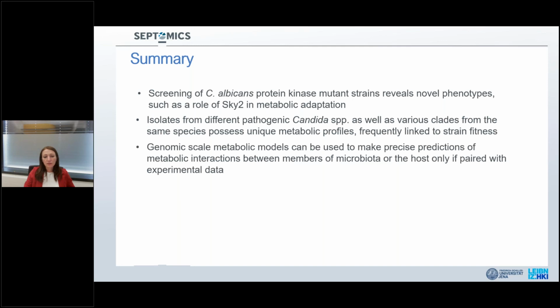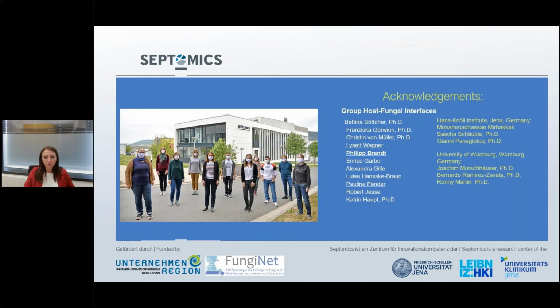And genome scale metabolic models can be used to make precise predictions of metabolic interactions between members of microbiota or the host, only when paired with experimental data. So experimental data is really required to refine and assign precise predictions to experimental outcomes.